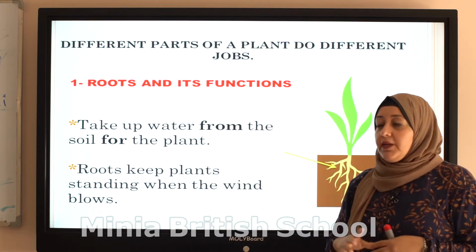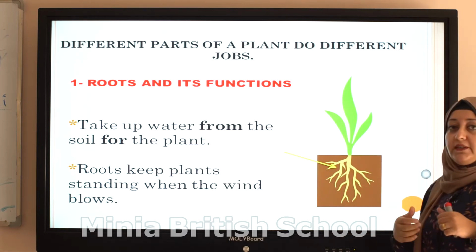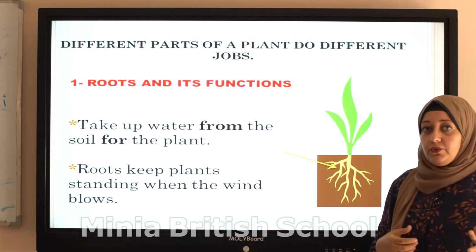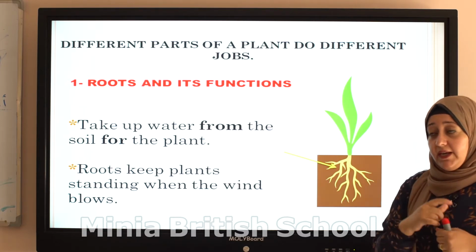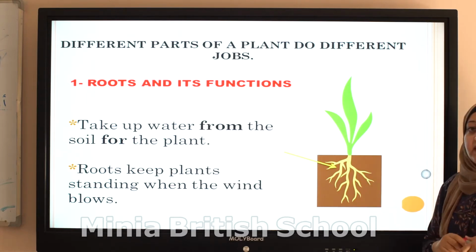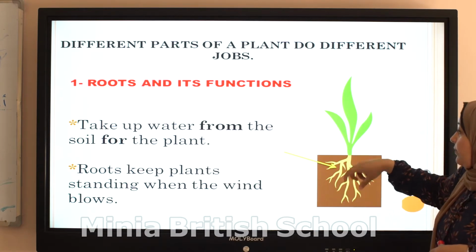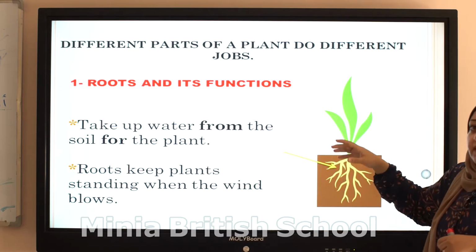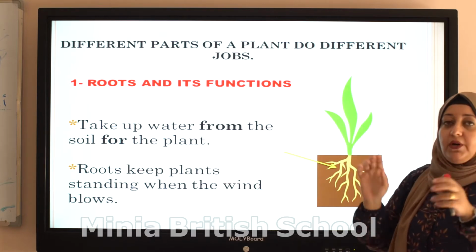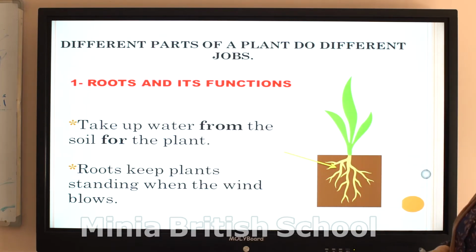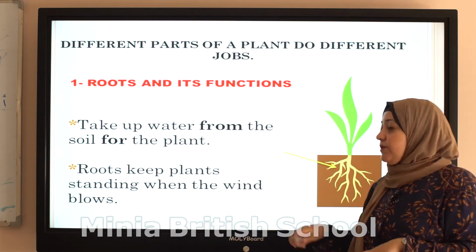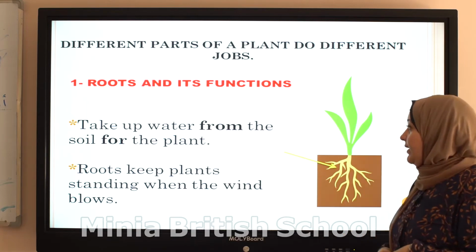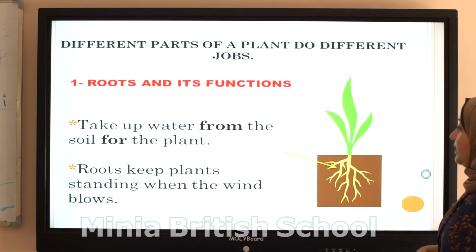It acts as a drinking straw. As we drink juice from the glass with a drinking straw, the root also acts as a drinking straw, which takes up the water from the soil up to the stem and the leaves and the flowers, okay? So the first job, or the first function, of the roots is to take up the water from the soil to the other parts of the plant.